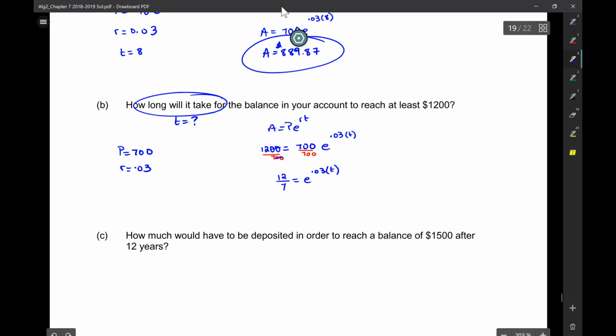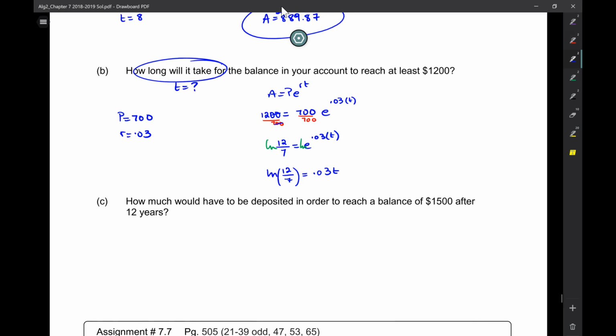Now what am I going to do? I have a power equals a number. I take ln. So I have ln of 12 over 7 equals 0.03 t. Now what do I do? What do I divide by? 0.03.